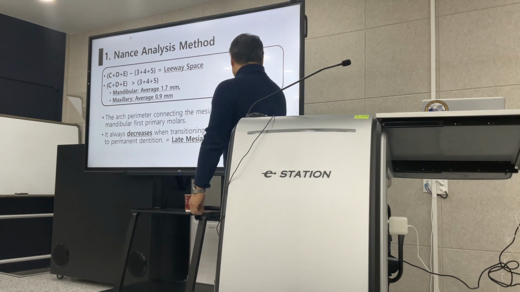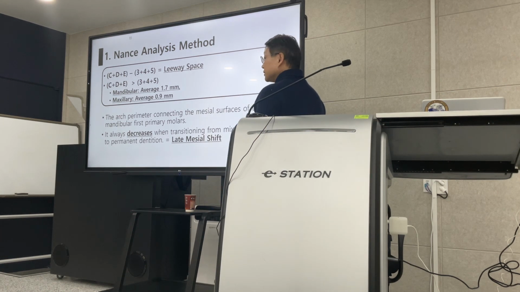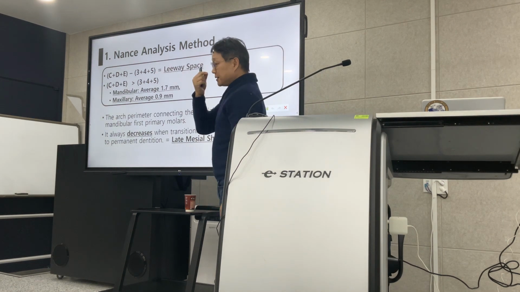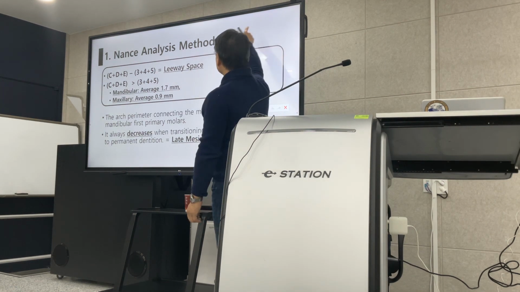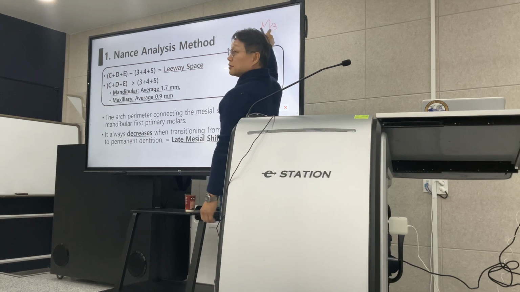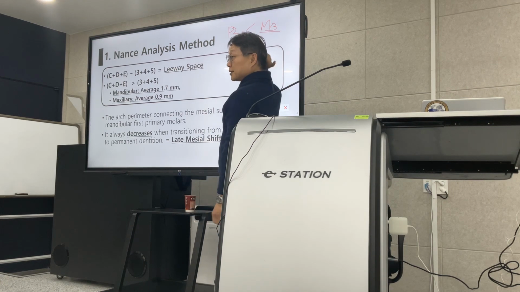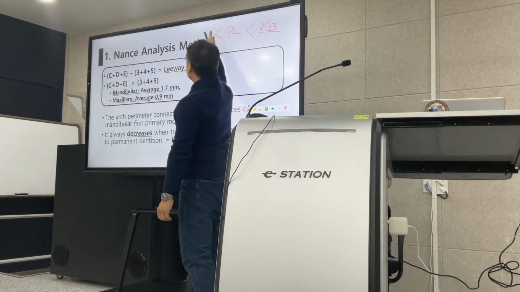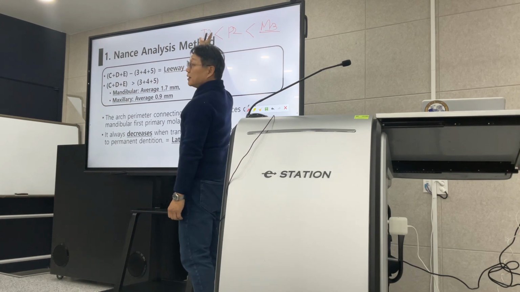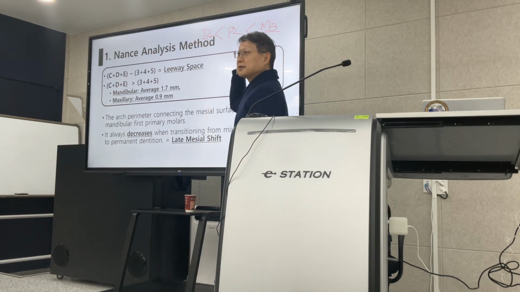And the other one, you remember the congenital missing? So congenital missing has some rules. Number one, the third molar will be the most. The second one, the second premolar will be next. So finally, incisors, especially the lateral incisor.